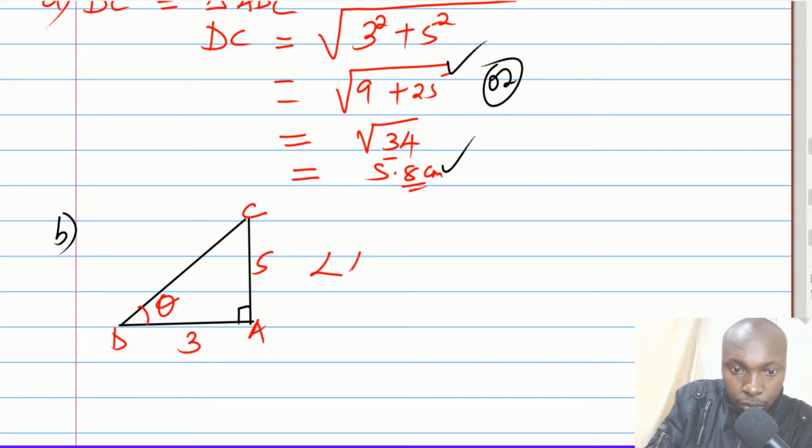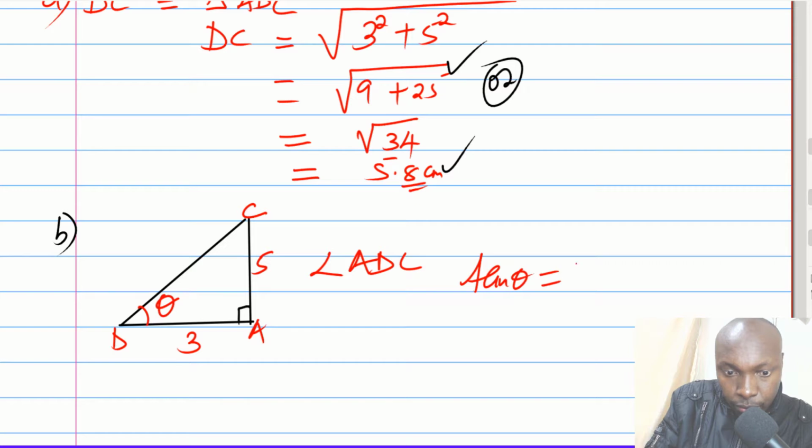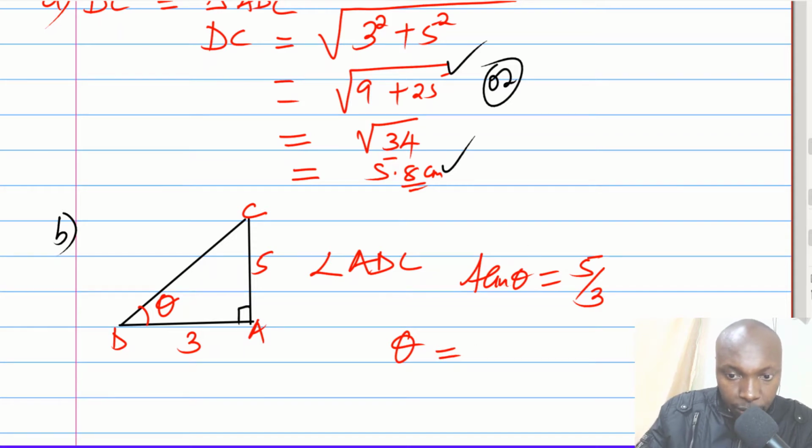So angle ADC will be obtained by, just think of SOHCAHTOA: sine, cosine, and tangent. Which one is going to be applicable here? Now tangent will work well because you're given the opposite and adjacent. So you get tan of theta would be the opposite, which is 5, over the adjacent, 3. To get that angle, you get the tan inverse of both sides. Tan inverse of tan theta will be theta.